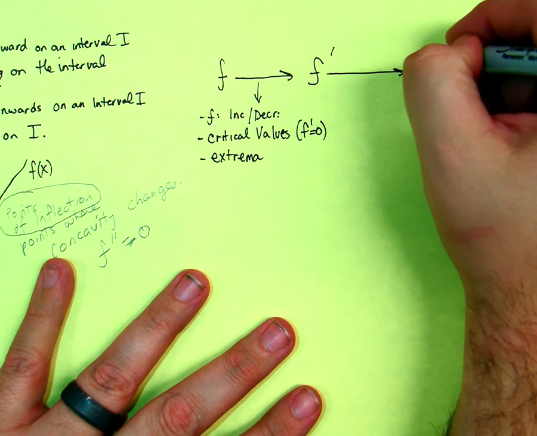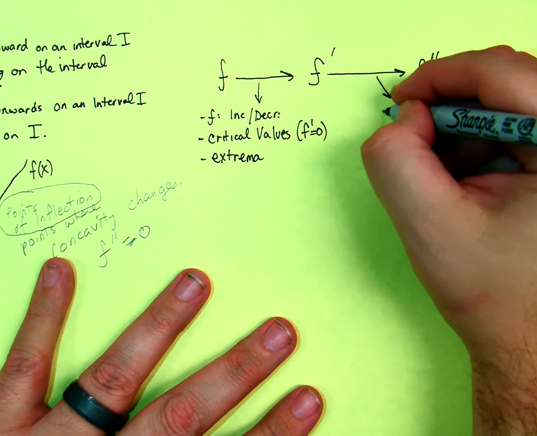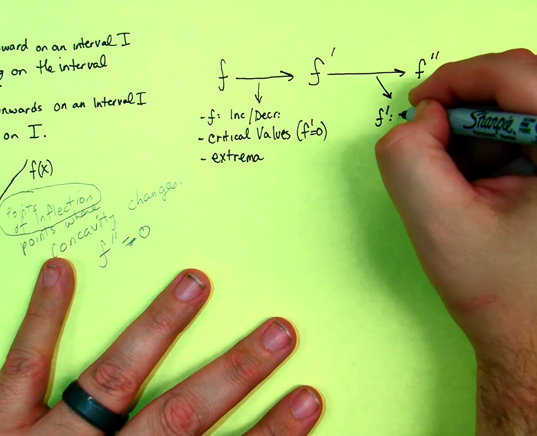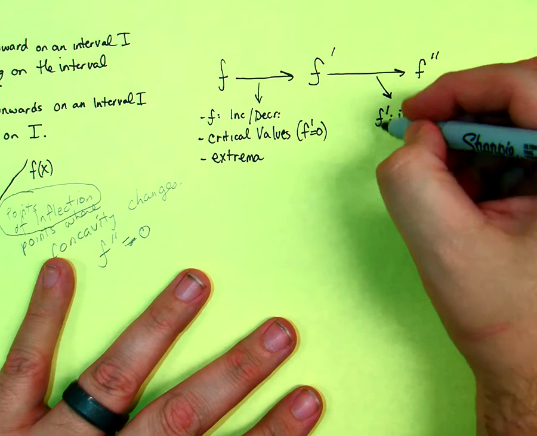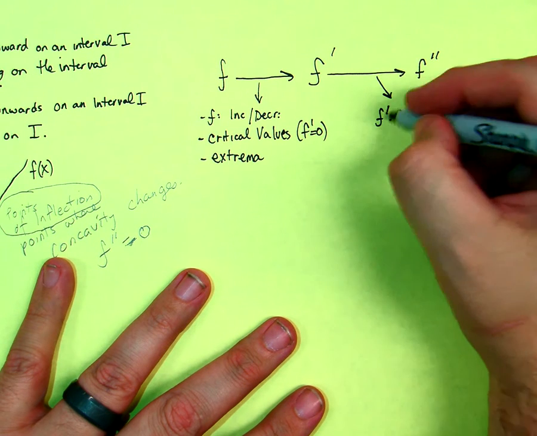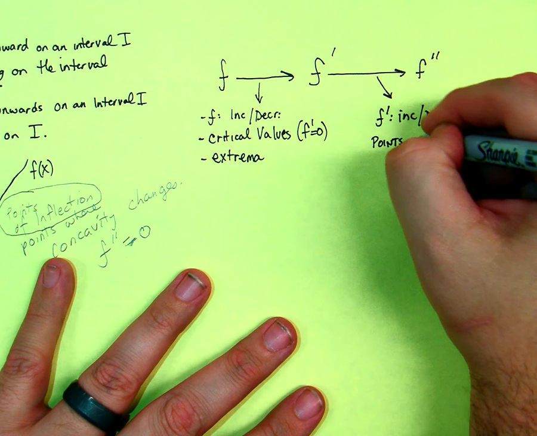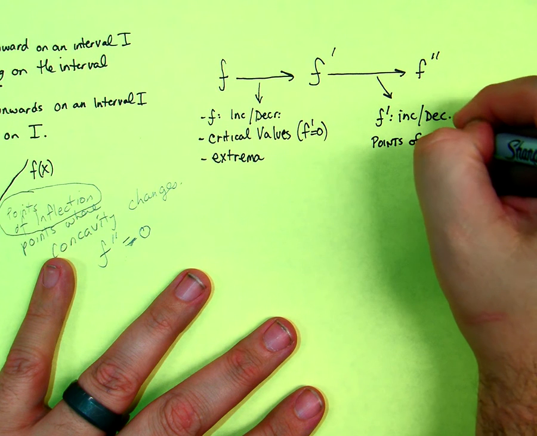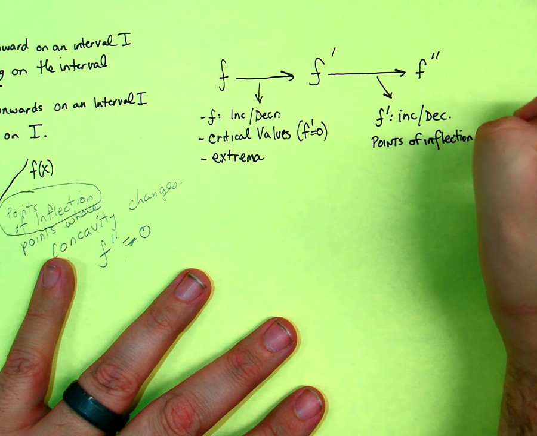what we'll get is f prime is increasing and decreasing. You get points of inflection where f double prime is equal to 0.